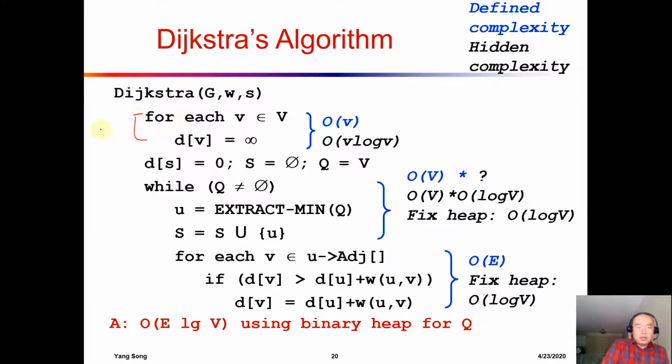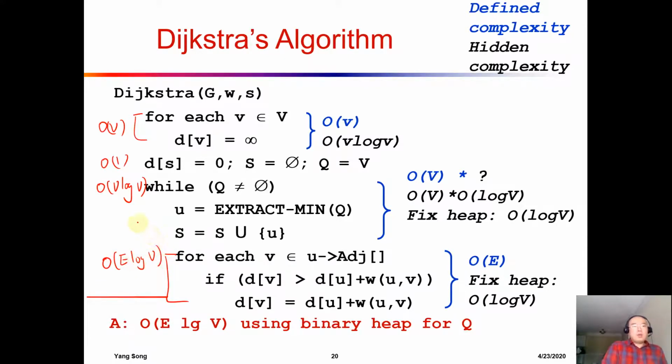Okay, so let me put everything together. This part is the O(V) algorithm, and that is the O(1) part, and then we have O(V log V). And for this part, that is O(E log V). We want to add those four parts together, and find which is the most significant one.